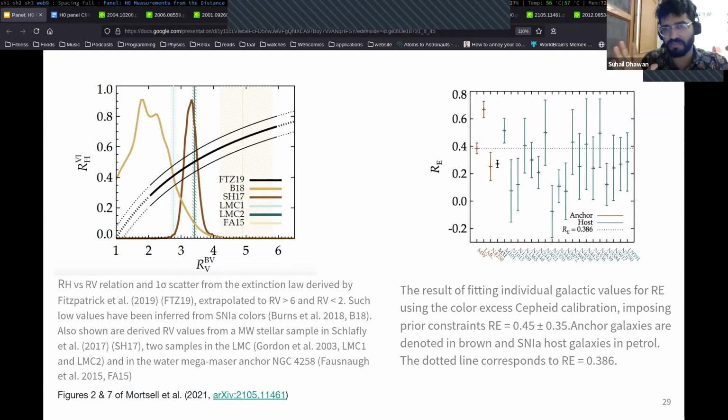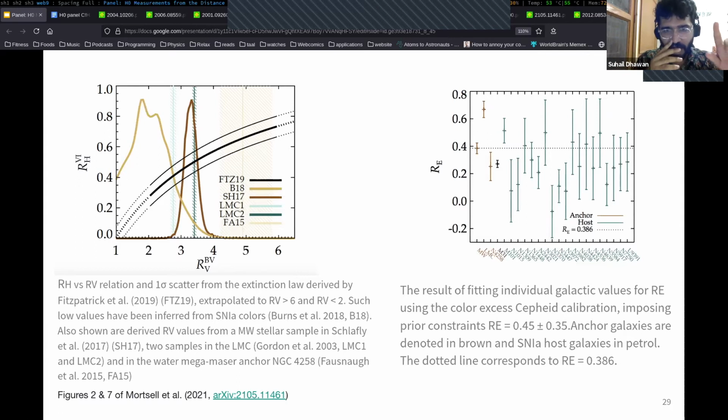We might get large differences in eta. We're now just looking at an excess from a mean color in V minus I, and assuming a color excess like dust, we would then multiply that with these slopes of the color luminosity relation, and here you see.